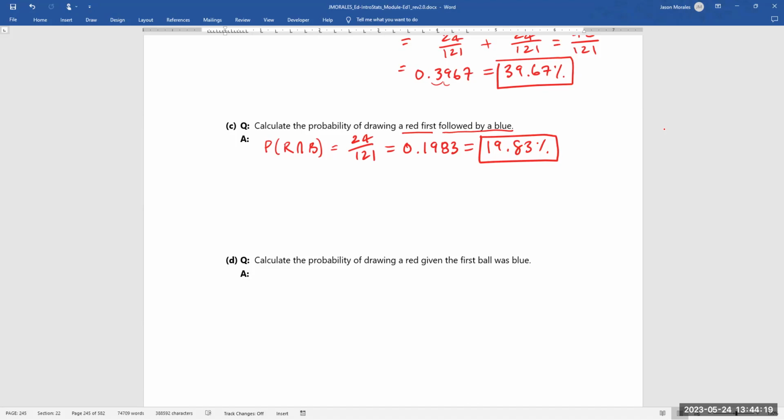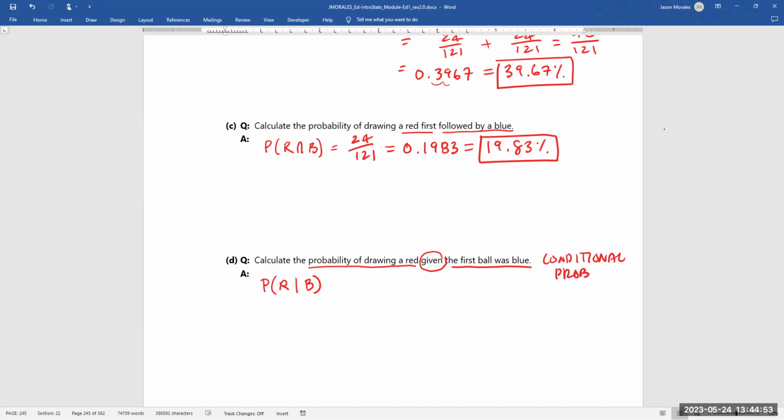And so we're being forced to consider a conditional probability by saying, calculate the probability of drawing a red given the first ball was blue. So what we're looking at here is what's the probability of drawing red given that the first ball was blue. So this is an example of conditional probability.